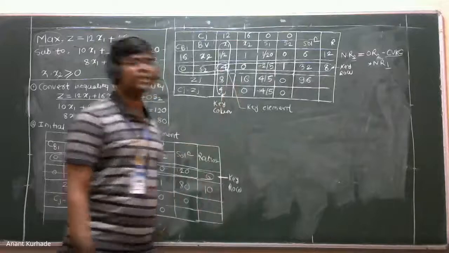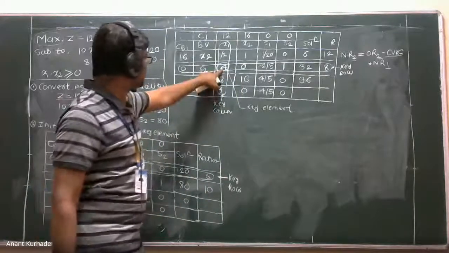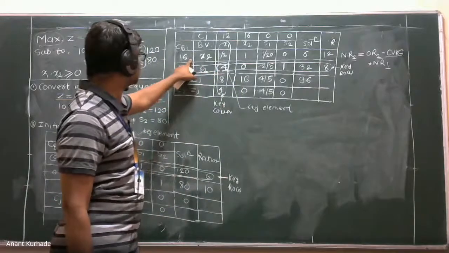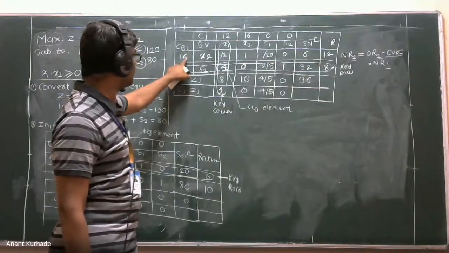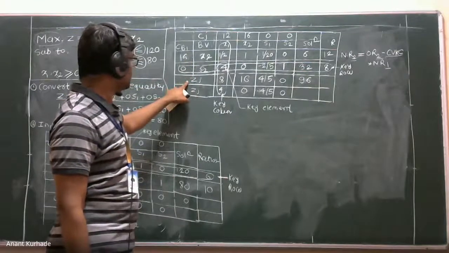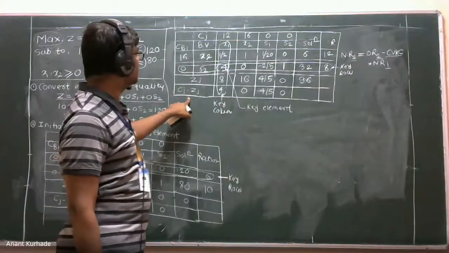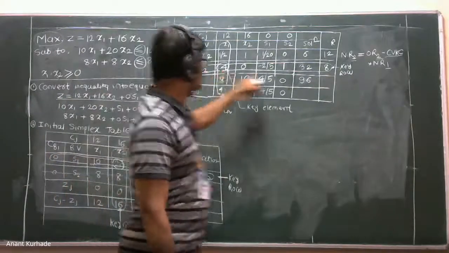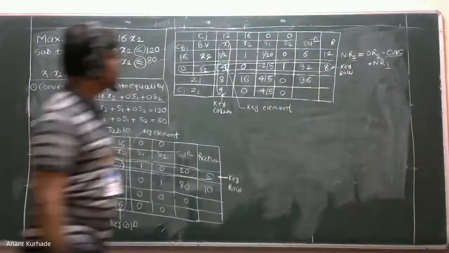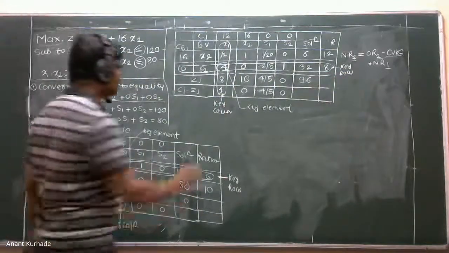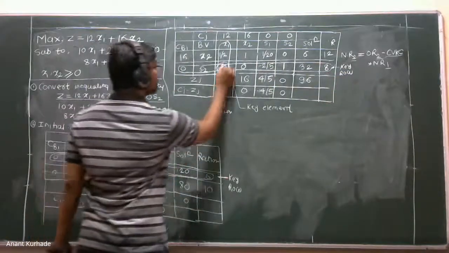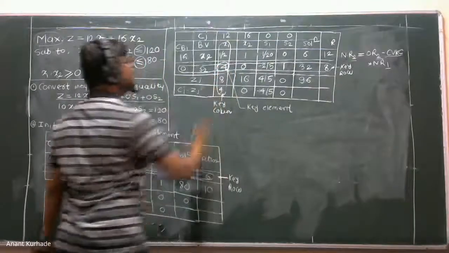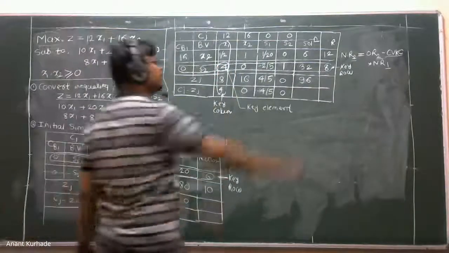Key element is 4. Any reference for this, about the 16? No. We require 16 for checking values of Zj and Cj minus Zj. It is not part here. So see, this one is a key element. Second is key row.